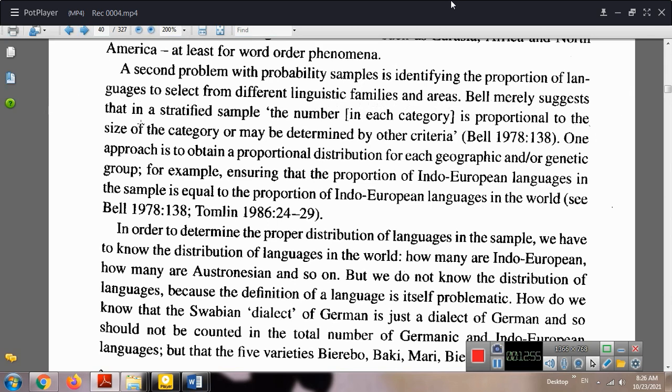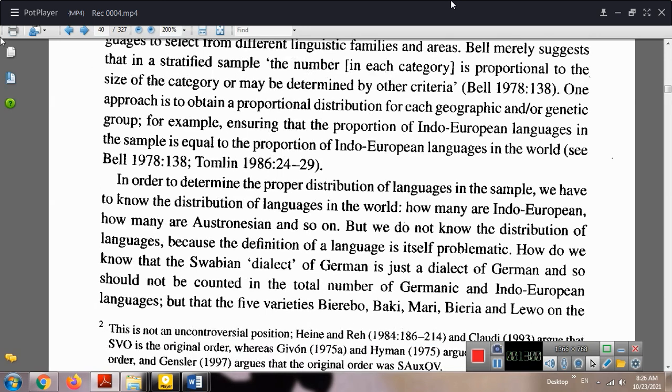Bell merely suggests that in a stratified sample, the number in each category is proportional to the size of the category or may be determined by other criteria. One approach is to obtain a proportional distribution for each geographic and or genetic group, for example, ensuring that the proportion of Indo-European languages in the sample is equal to the proportion of Indo-European languages in the world.